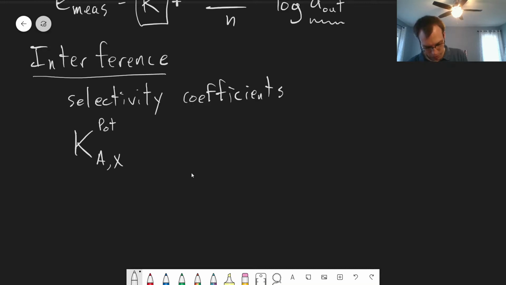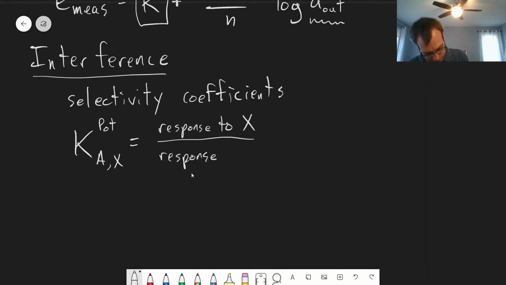Let me write this POT here for potentiometry. And this is equal to the response to X, which is our interfering species, divided by the response to A, which is our analyte. So again, just to specify here, A is analyte, X is the interfering species.